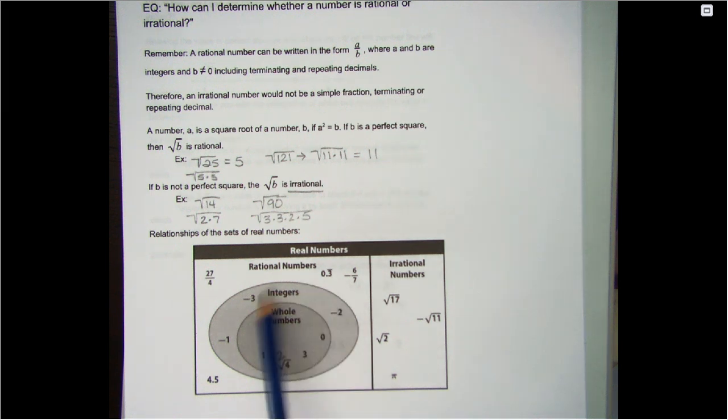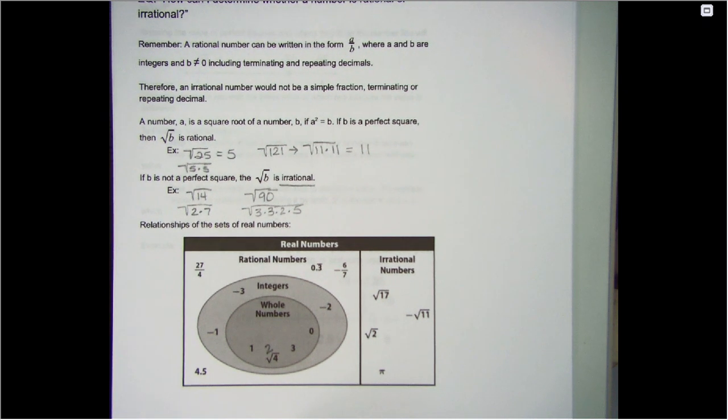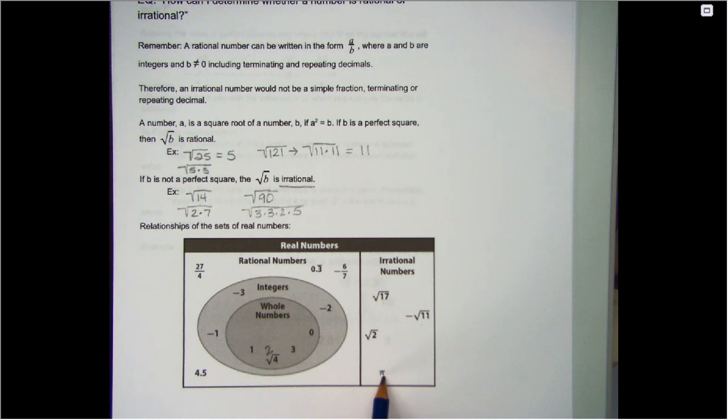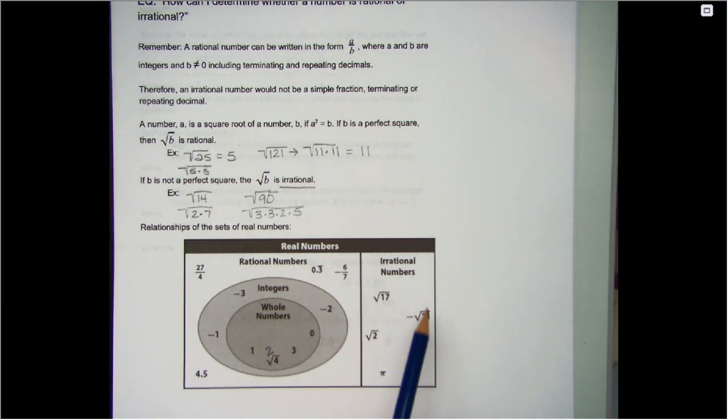All of these are rational numbers, fractions, negative numbers, decimals. Irrational numbers are only non-perfect square roots and pi, at least for the purposes you're going to use in high school and middle school. These are your irrational numbers.